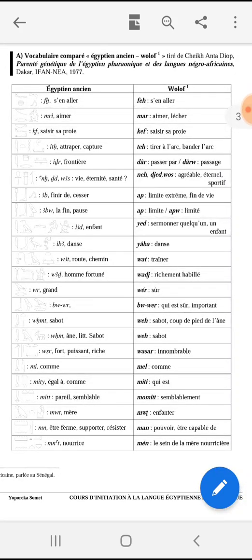This is taken from Cheikh Anta Diop's work entitled Parenté génétique de l'Égyptien pharaonique et des langues négro-africaines, which means genetic kinship between pharaonic Egyptian and the Negro African languages. It's from 1977.